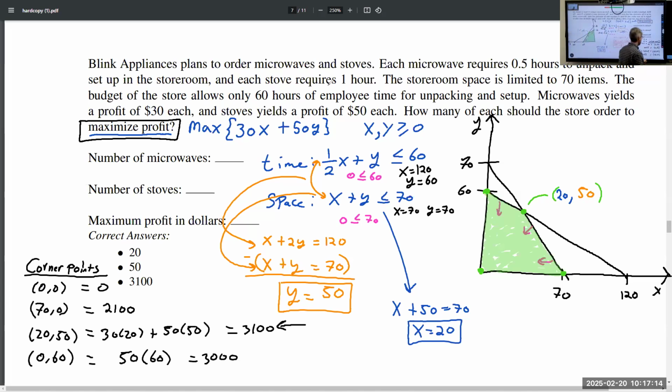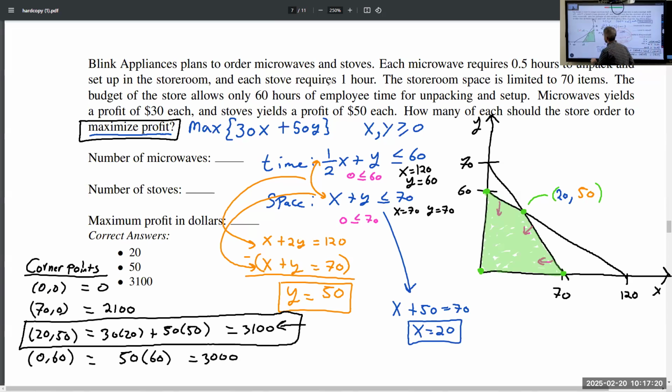It occurred at 20, 50. And that's right here. So that's where the max of the objective function lies. So I think it would be 20 microwaves, 50 stoves, $3,100 profit.